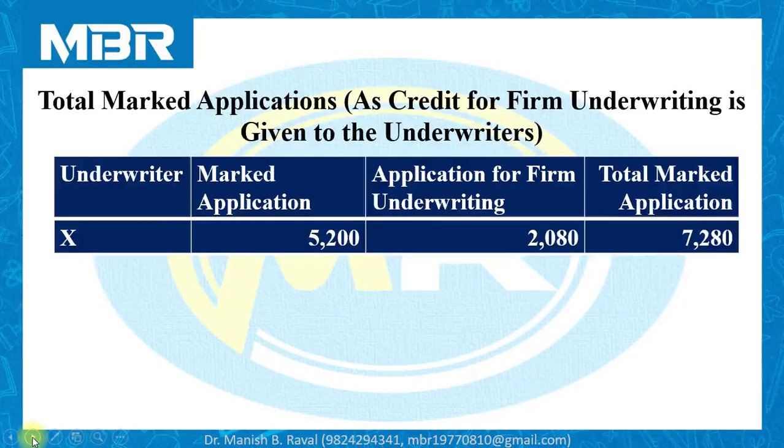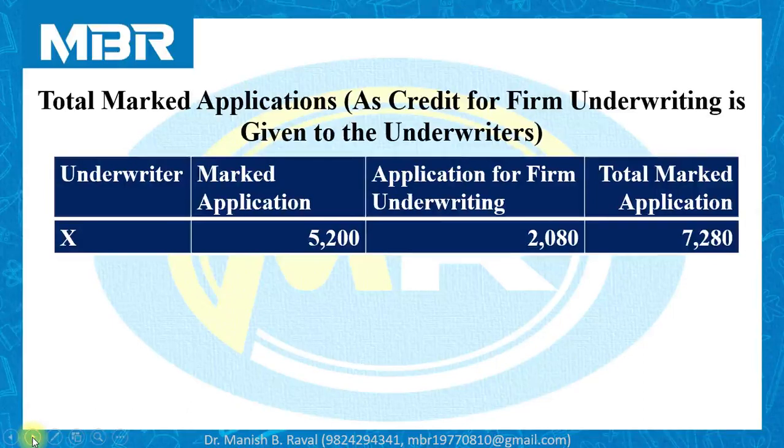Underwriter X, marked applications received from the public with the unique identification stamp of underwriter X is 5,200. Obviously, applications made by underwriter X for his firm underwriting, 2,080. So total number of marked applications in case of X, 7,280.